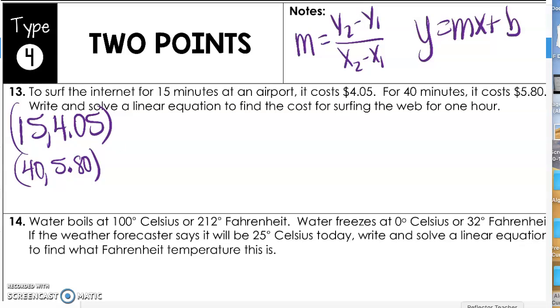All right, so now we do our slope. M equals 5.80 minus 4.05 over 40 minus 15.